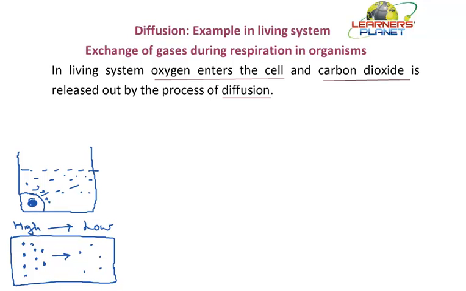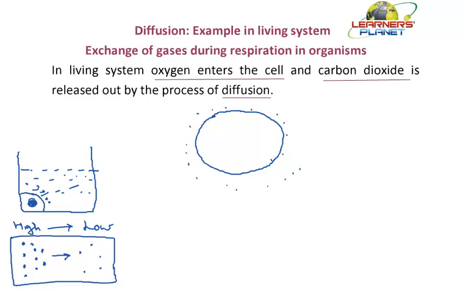Let us assume another unicellular organism. We can explain it more easily. Suppose this is a cell. Fine. In the surrounding there must be present certain, we can say soil particles, or maybe this cell is present in the aquatic region.